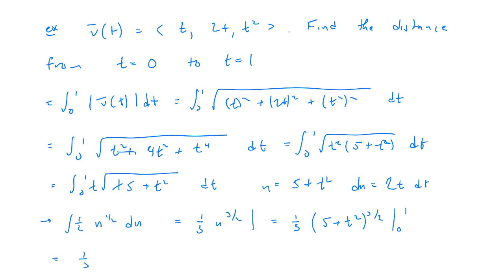So when I put in 1, I get 6. And whatever 6 to the 3/2 is, you can either leave it like that or throw it into a calculator. And if I put in 0, I get 5. So minus the 5 to the 3/2. I think I did it for my notes, and I have that as that. But either of those last ones would be okay as an answer for a quiz.